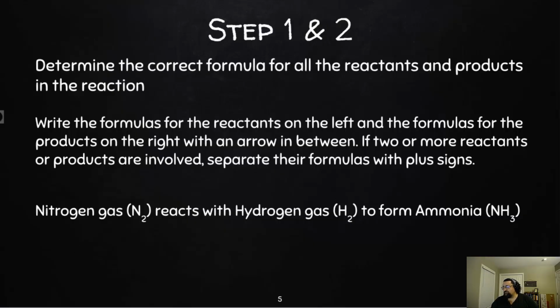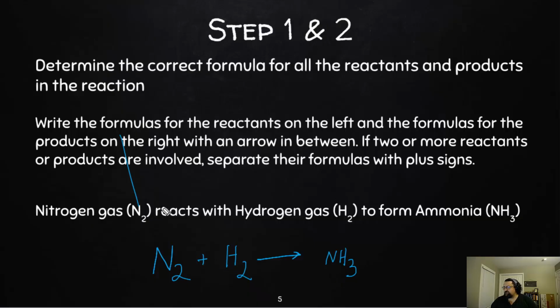So we go in and we say, well, nitrogen gas, N2, reacts with hydrogen gas. So we can say, well, N2 reacts with hydrogen gas plus H2 goes to form ammonia, NH3.